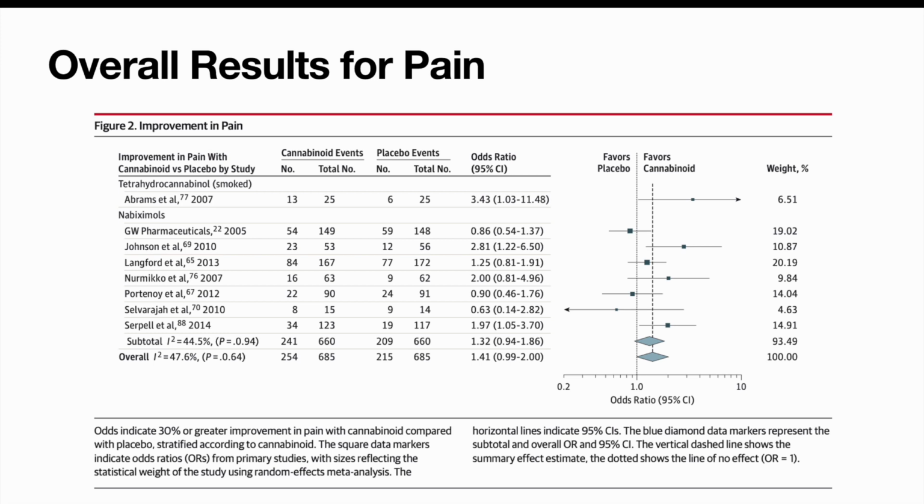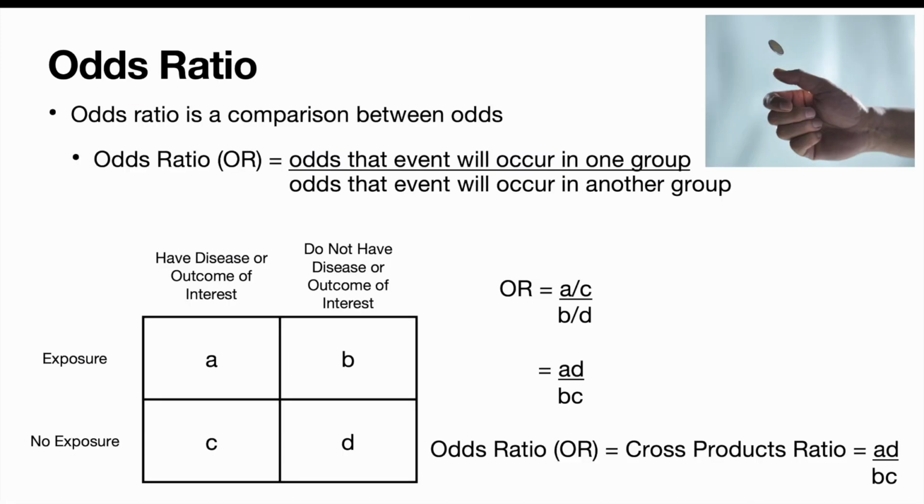or if our odds ratio is less than 1, that means it either favors the placebo or it finds no benefit from the treatment. So when we're talking about odds ratio, we have to remember that odds ratio is a comparison between odds. So our odds ratio is the odds that an event will occur in one group divided by the odds that an event will occur in another group.